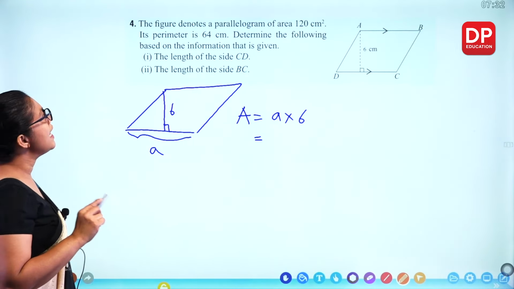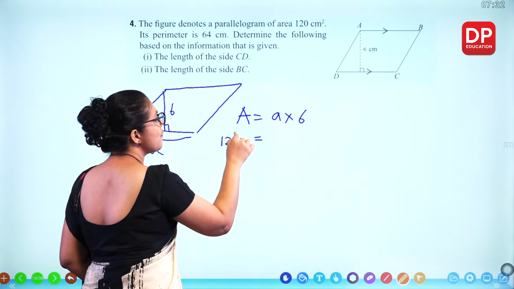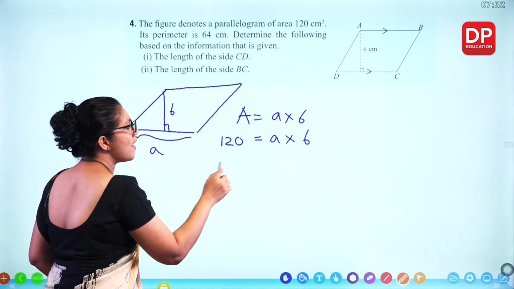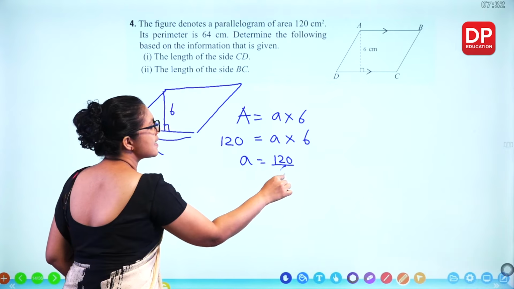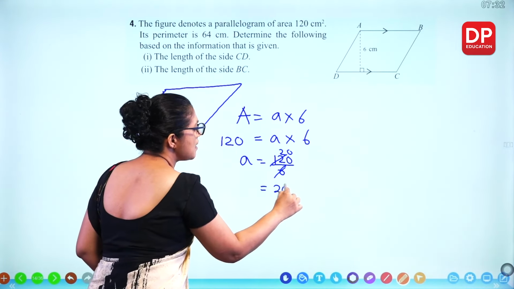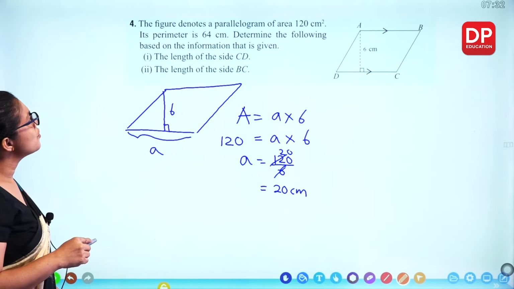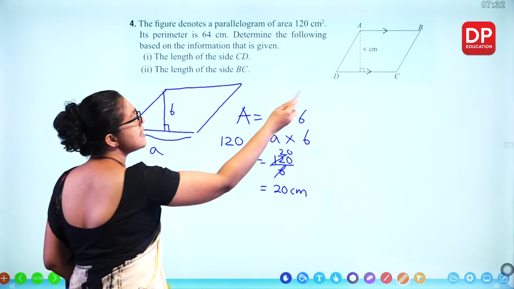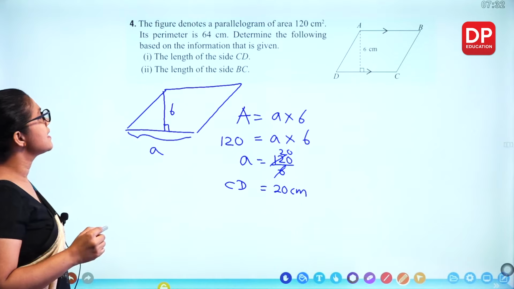But we know the area is 120. So we can substitute 120 for the area. Simple A times 6. So how can you find out A? You need to divide this by 6. So 120 divided by 6, you get 20 centimeters for the base length. So after you get base length, that's actually the length of the side CD. So you can write CD length is 20 centimeters.